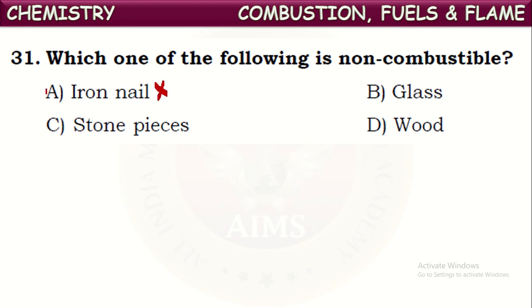It is a non-combustible material. Glass also, it won't catch fire even after burning. Stone pieces also are non-combustible materials. But wood, it catches fire on burning, so it is a combustible material. So the remaining three are non-combustible materials which won't burn even after heating.